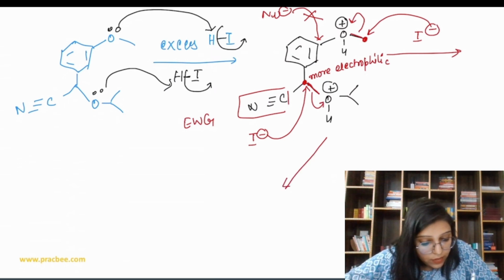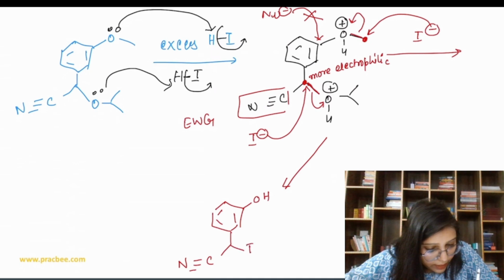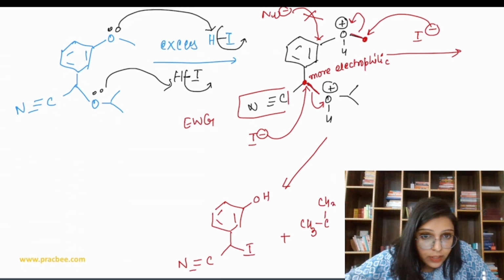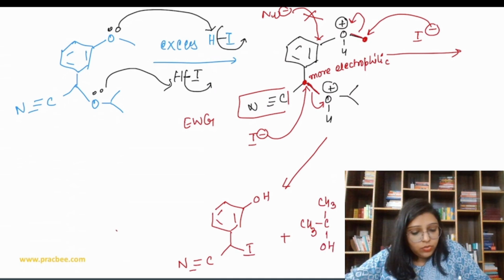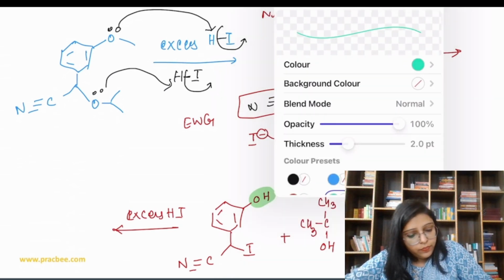So on the basis of that, we get OH, then C triple bond N and I plus CH3CCH3 and here we write OH. We have excess HI, so excess HI. Here we cannot do nucleophilic attack. No nucleophilic attack on this position, right?